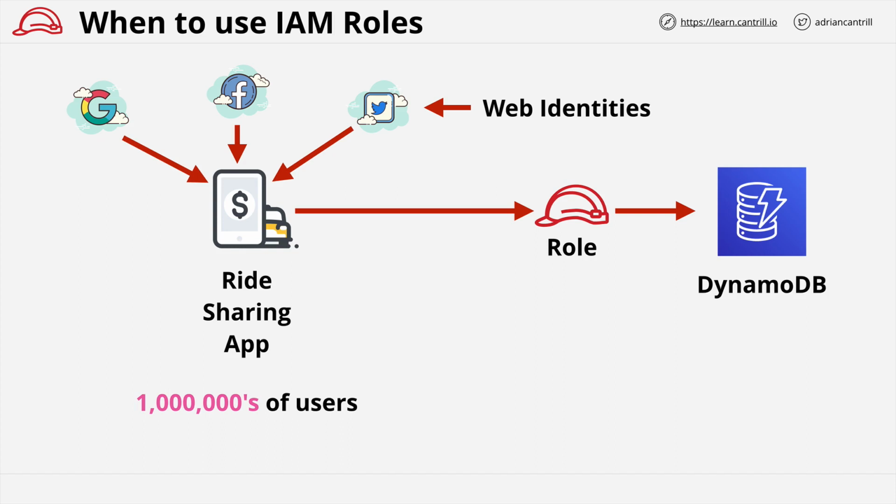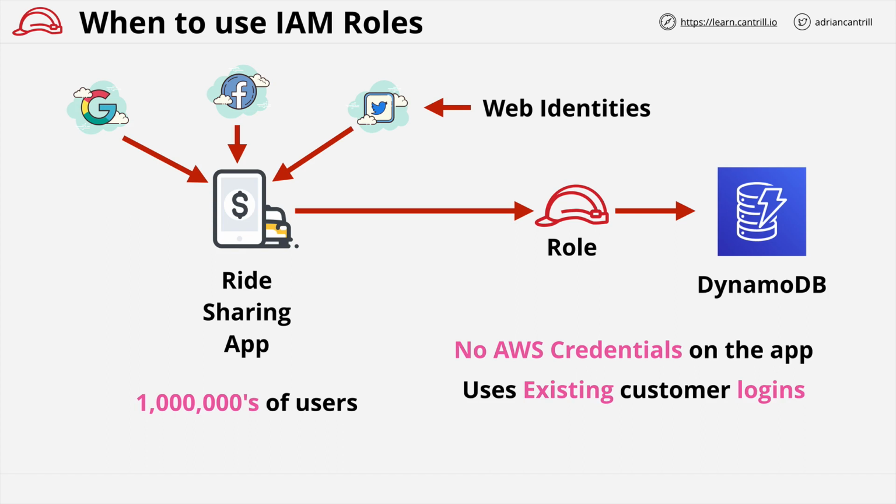This is a form of Web Identity Federation, and I'll be covering it in much more detail later in the course. The use of roles in this situation has many advantages. First, there are no AWS credentials stored in the application, which makes it a much more preferred option from a security point of view. If an application is exploited for whatever reason, there's no chance of credentials being leaked, and it uses an IAM role which you can directly control from your AWS account.